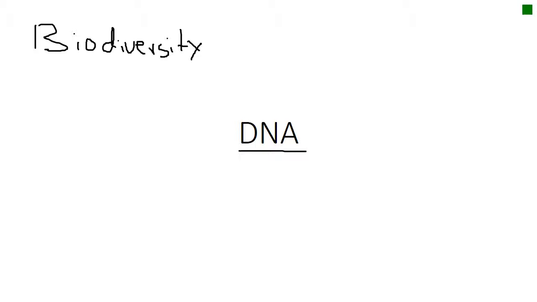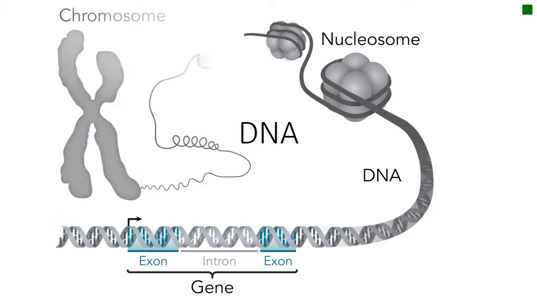So an example of that would be if you just look in class, there are many different variations, differences between members of the same species. For example, some people have a widow's peak present, and others do not. So that is DNA. Okay, and we're going to be talking about that in this section.